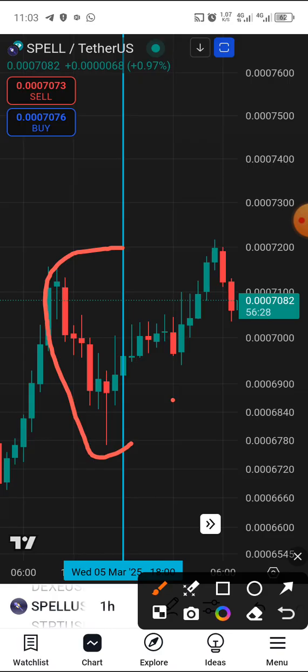So, you come and draw your support line first. And where are you going to draw your support? You are going to draw it focusing on the recent previous history. Like, where did the prices go low according to the recent history? And you see that the prices went lower at that point here.